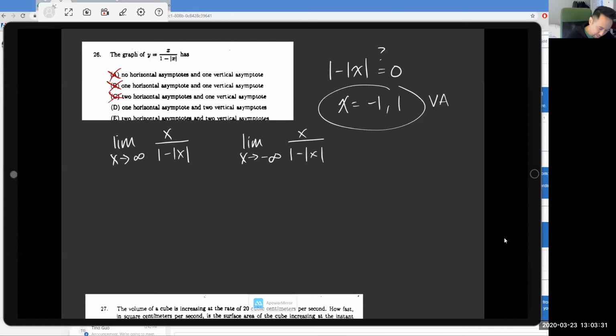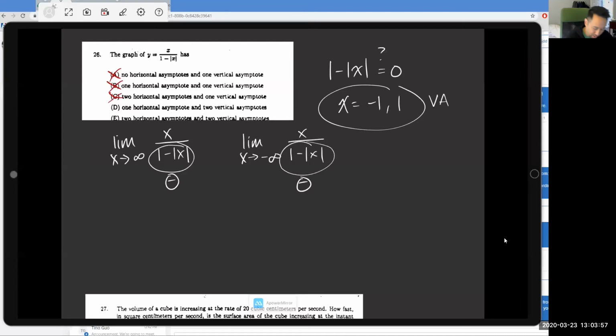Now you notice that both of these on the bottom are the same, right? Whether you substitute a very large positive or negative number, that absolute value makes it positive. So you're going to get the same value there. And on the bottom, you're going to get a negative value for both, regardless of what you plug in, because 1 minus some huge number is going to be a negative number.